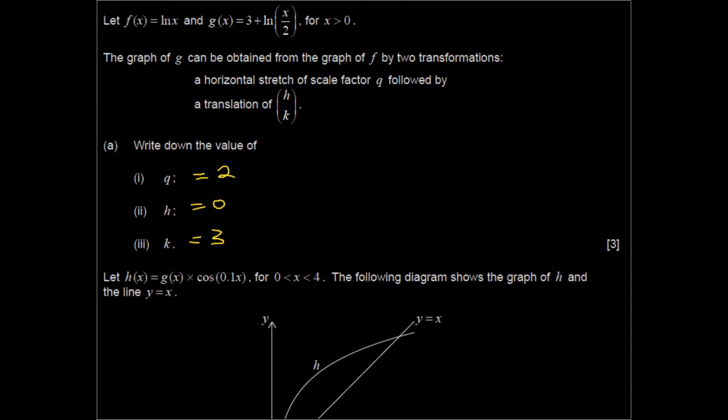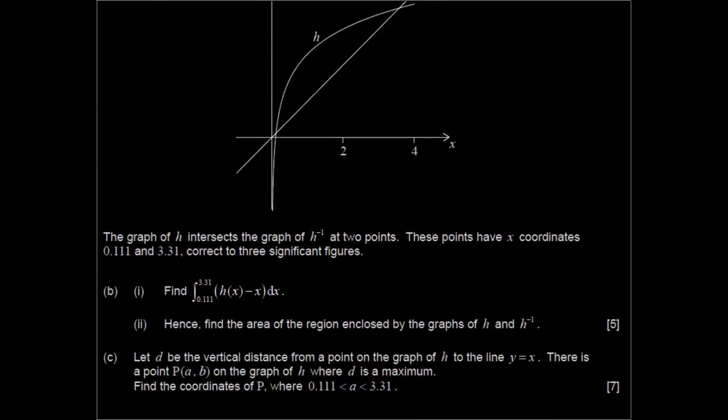So what we'd need to enter into our calculator, let's write that again, would be the integral between 0.111 and 3.31 of ln of x over 2, plus 3, which is g of x, and then multiplied by cos of 0.1x dx. Enter that into your graphical calculator, and then that should tell you what that integral is.